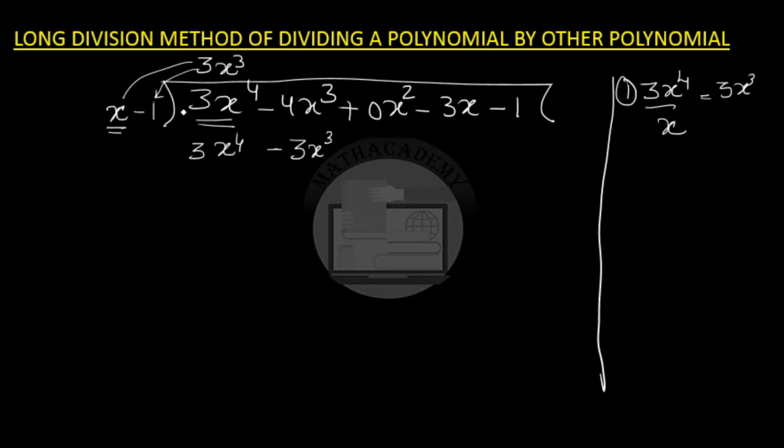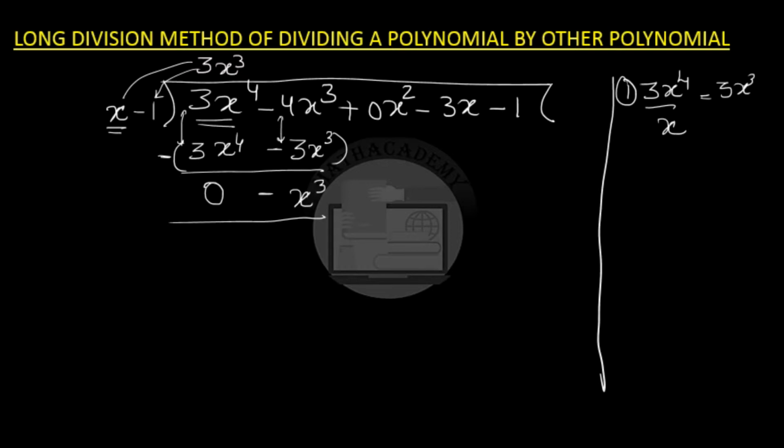Please remember we have to write like terms below like terms, and then we perform the subtraction. 3x to the power 4 minus 3x to the power 4 gives you 0. Negative 4x cube and positive 3x cube gives you negative x cube.